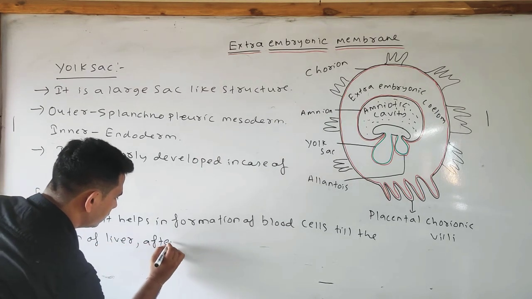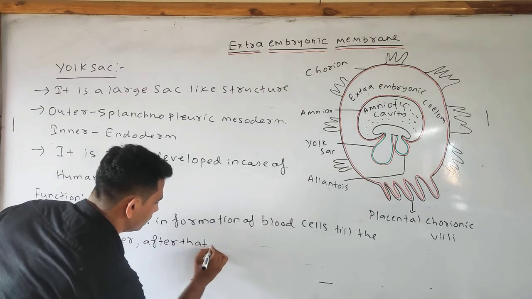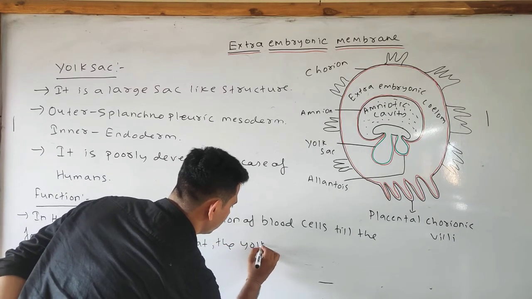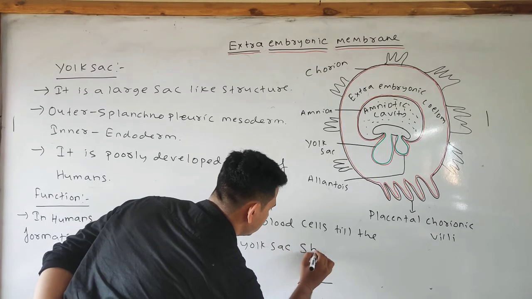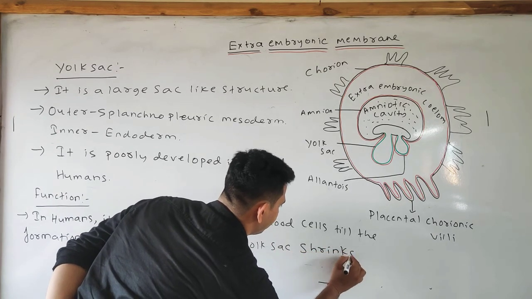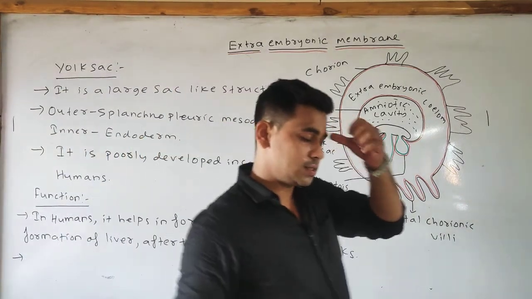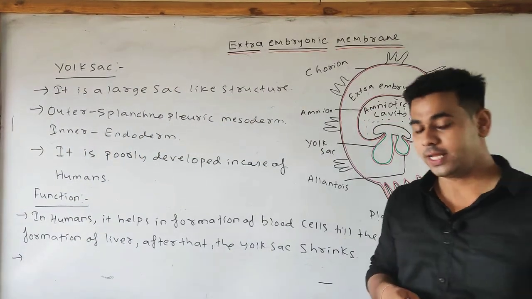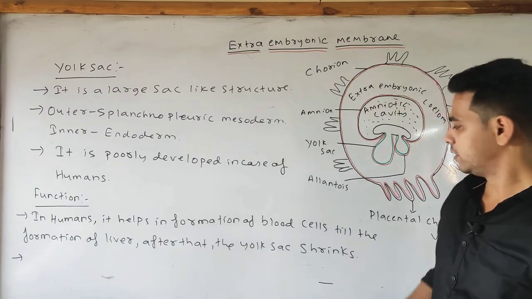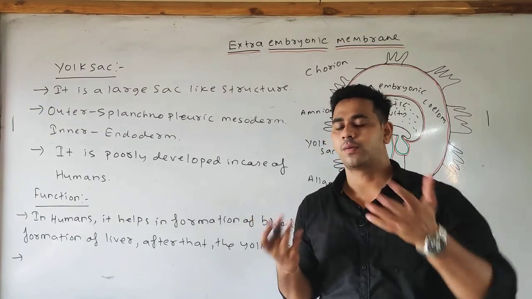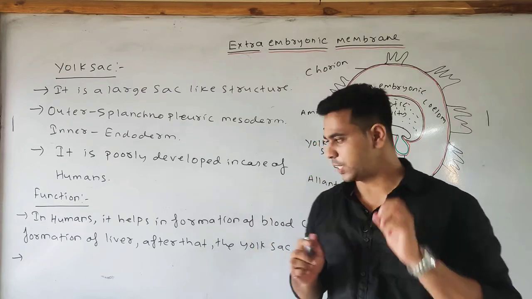After that, the yolk sac shrinks. Okay. It means in case of human beings in the embryonic stage, until the formation of the liver, the yolk sac helps in the formation of the blood cells, but after the formation of the liver, the yolk sac shrinks.